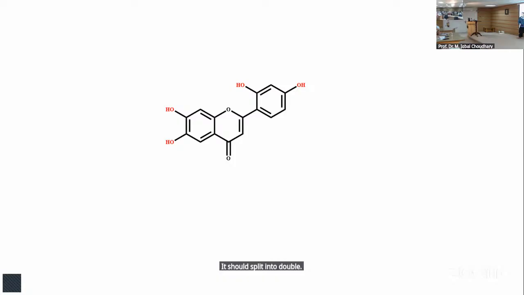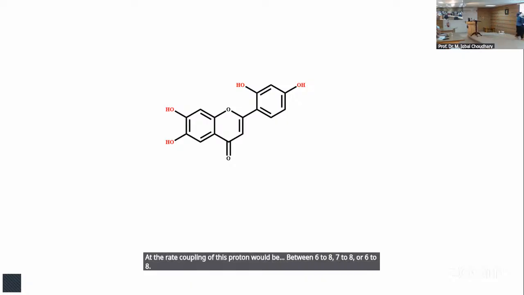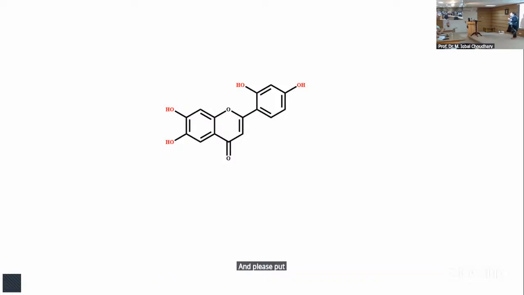And what about this? This is a doublet because of the presence of the ortho proton beside it, and the J coupling of this proton would be between 6 to 8. And this proton should appear as a doublet of a doublet.